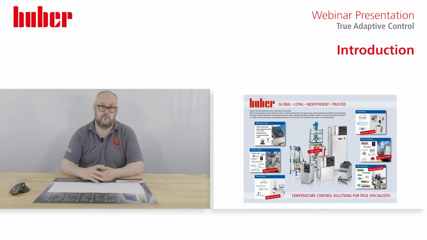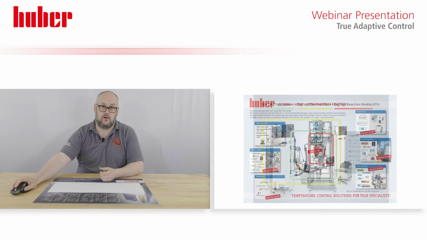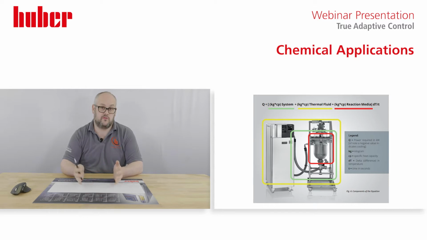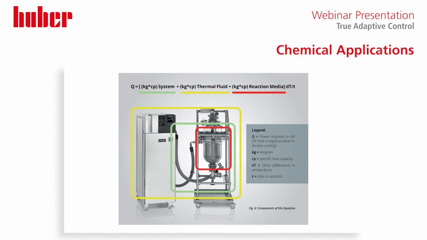performance out of them. So if we look at our reactor systems, we've done the calculation on power. We know that we've got 3 different zones we've got to work with. We've got the total system weight, we've got the total thermal fluid weight, and we've got the reaction medium, all of which are critical.